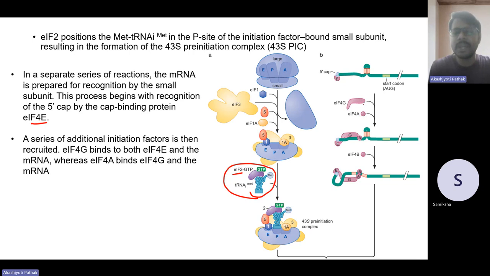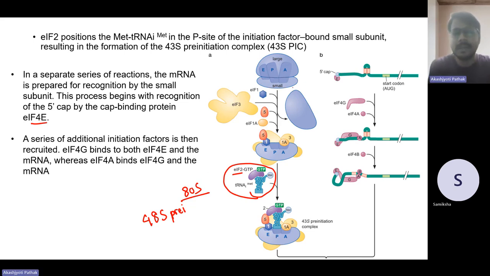These proteins together recruit the mRNA to the 43S pre-initiation complex, resulting in a complex known as the 48S pre-initiation complex. Once this 48S pre-initiation complex is formed, the large subunit will come and you will get the 80S ribosomal subunit.